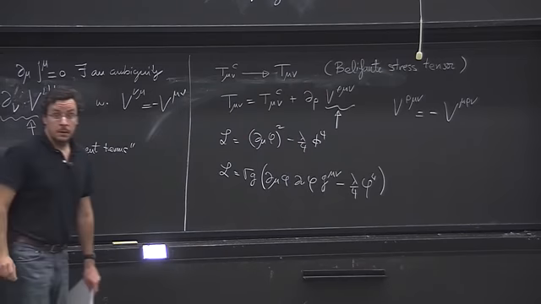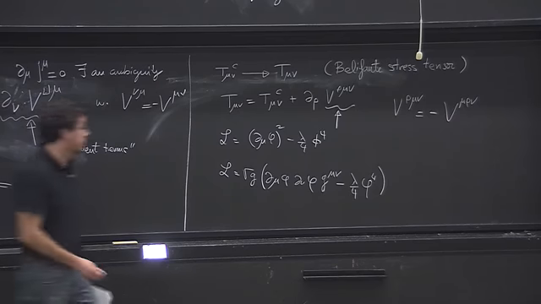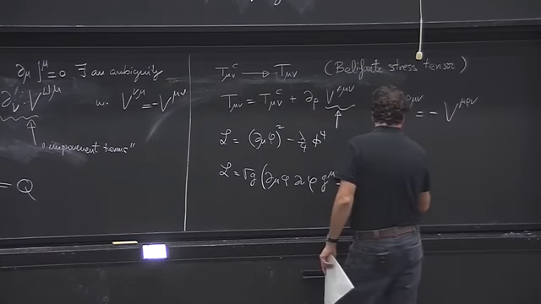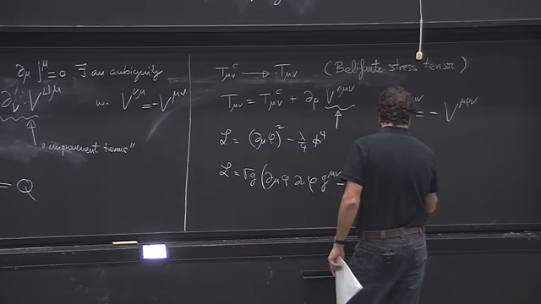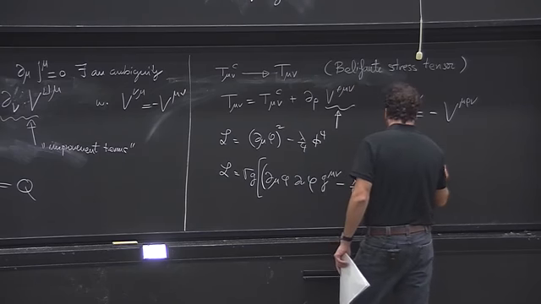But now I have the freedom, without changing anything when I go back to flat space, to add, for example, this term. This guy is called the conformal coupling, some R phi squared term.